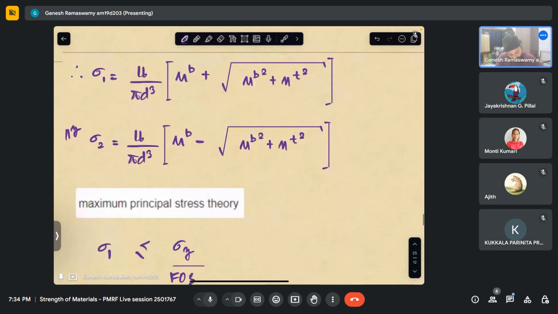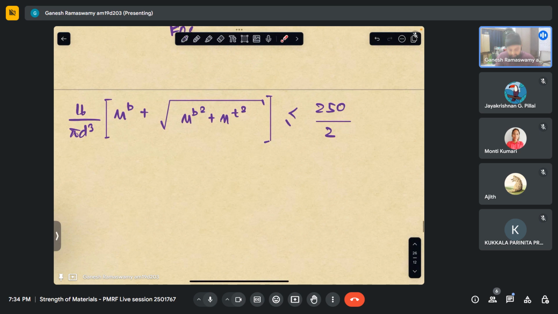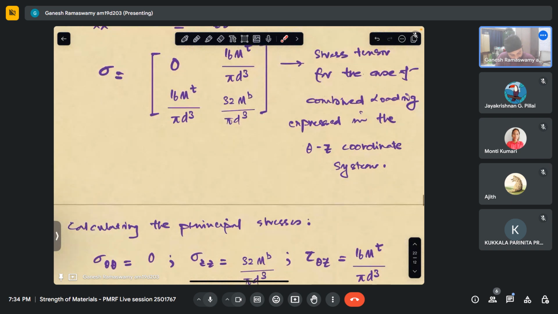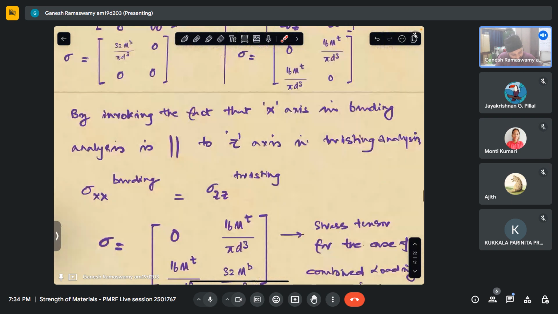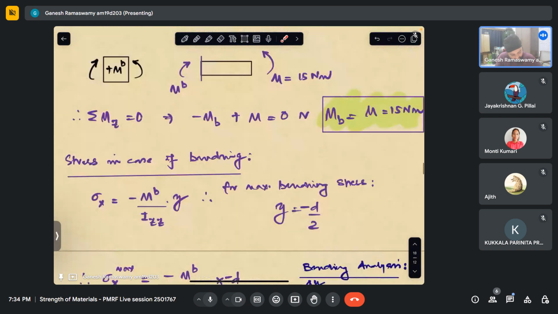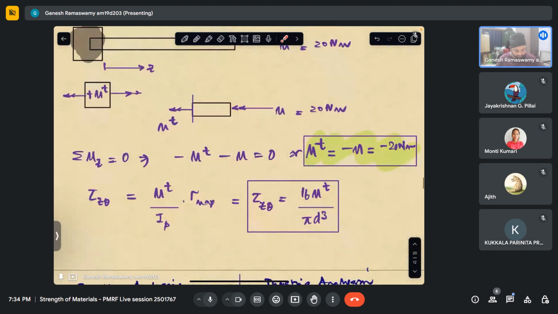We know what Mb is, what Mt is. Mb, we calculated it somewhere, is 15 Newton meter and Mt is minus 20 Newton meter. But since Mt is getting squared, it doesn't matter. So 15 and 20 is what we need to plug in here. Let us go ahead and do that.